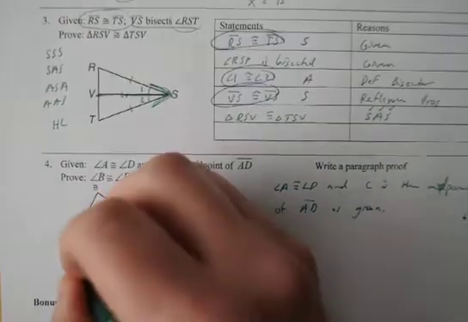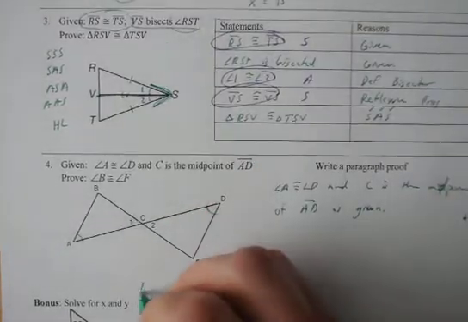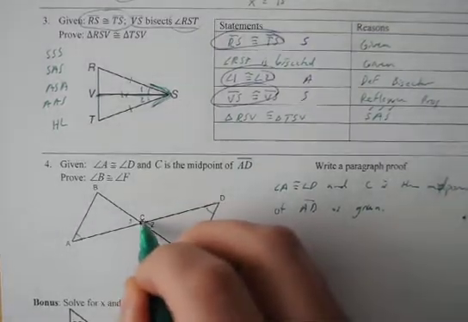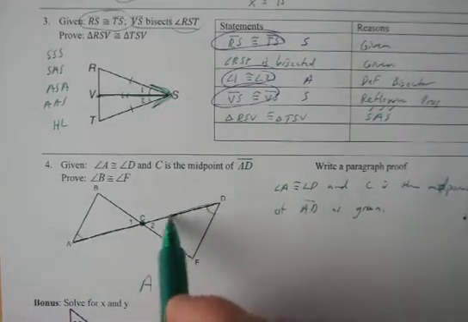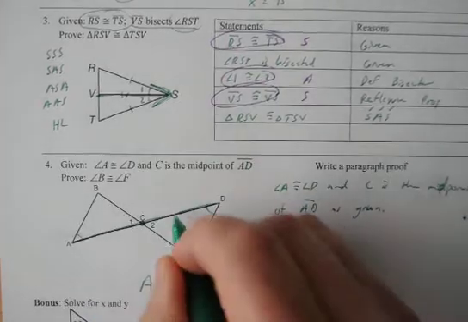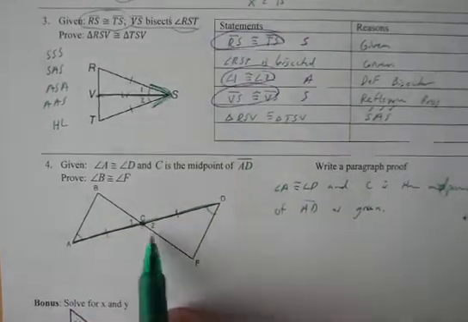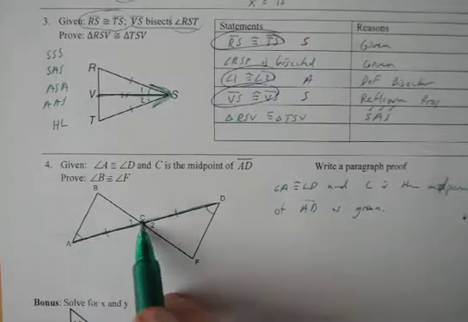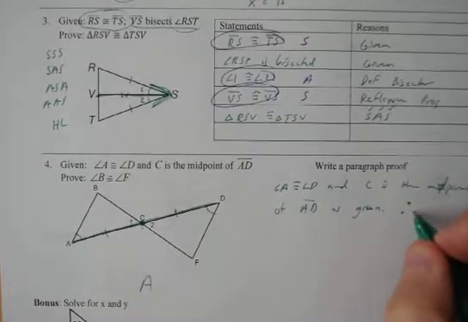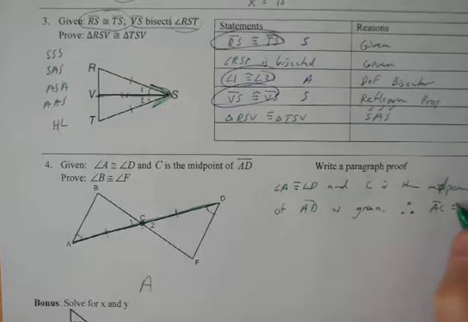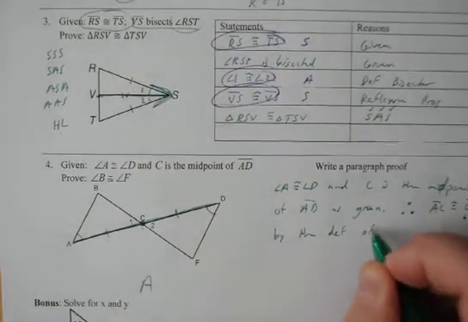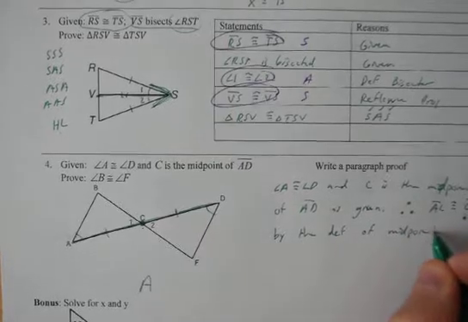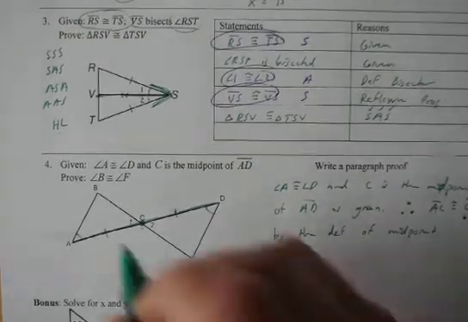It gives us an A. It gives us a midpoint of AD. So this is the line, and that gives us that this is congruent to that because that is a midpoint. So we can say that, therefore, AC is congruent to CD by the definition of midpoint.